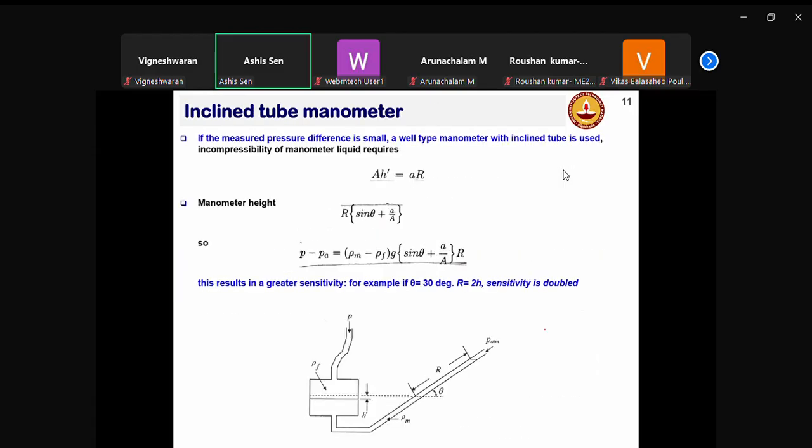The other way you can improve the sensitivity is by making the right limb inclined.